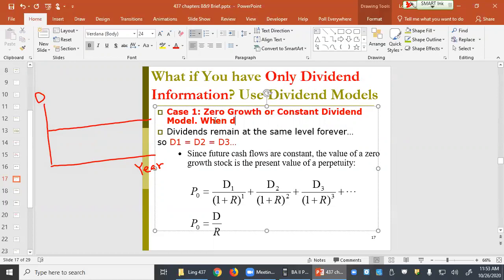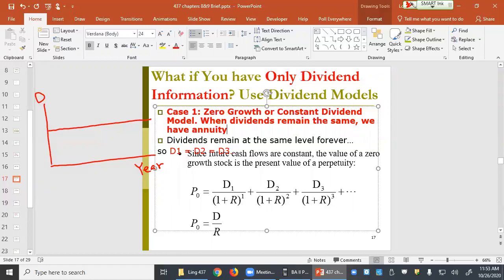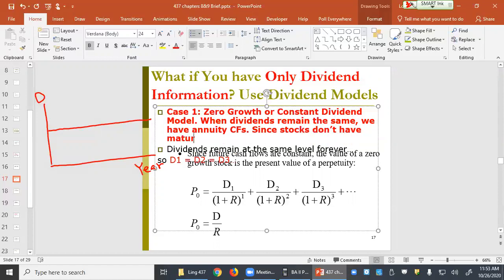When dividends remain the same, we have annuity cash flows. Since stocks don't have maturity dates, we have perpetuity cash flows.